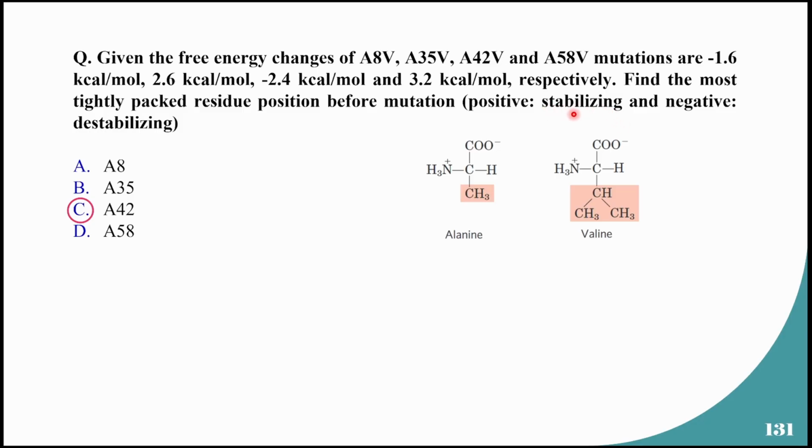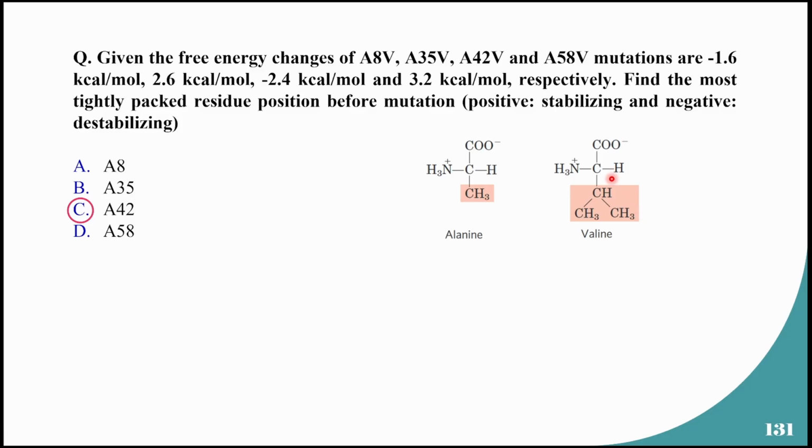So in this case, for example, positive and negative values were indicating stabilizing and destabilizing. So don't go for the symbols just for the sake of the question. It's positive stabilizing, negative destabilizing. Since it's an alanine to valine mutation, that means it's a side chain increasing mutation, right?